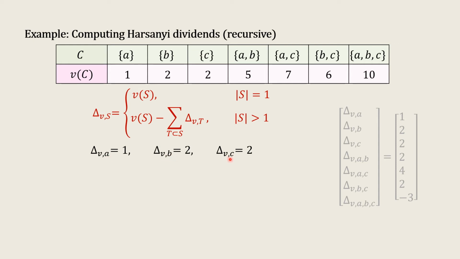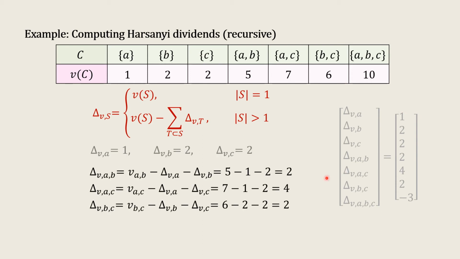A, B, and C. In this case, delta S is equal to V of S itself. So delta A equals value of A, which is 1. Value of B is 2, so delta B is 2, and likewise delta C is 2.